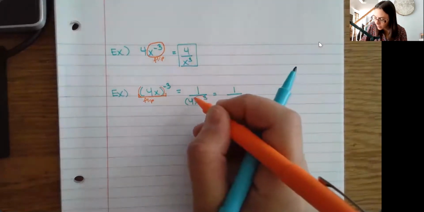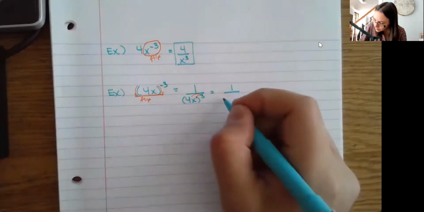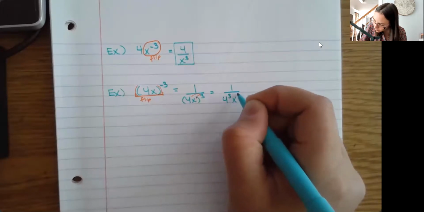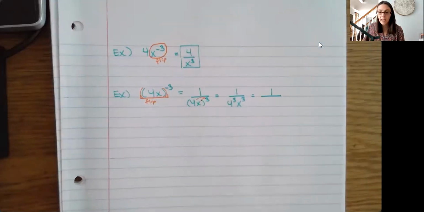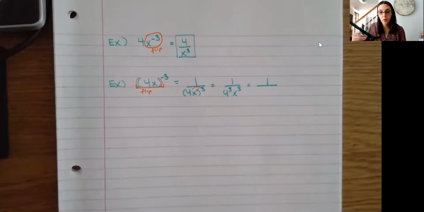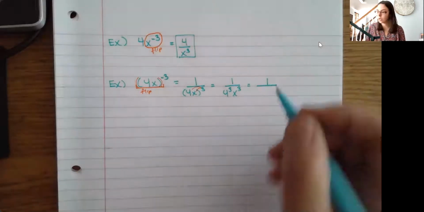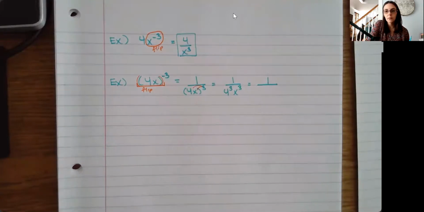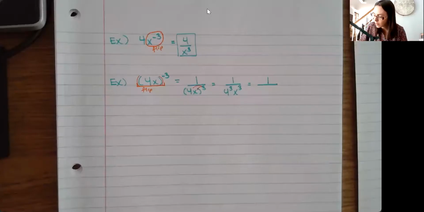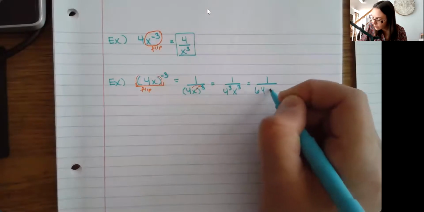So I can distribute that 3 to each part here. And then I can multiply out and do 4 times 4, which is 16, and times 4 again. That will give us 64, and then you have your x.